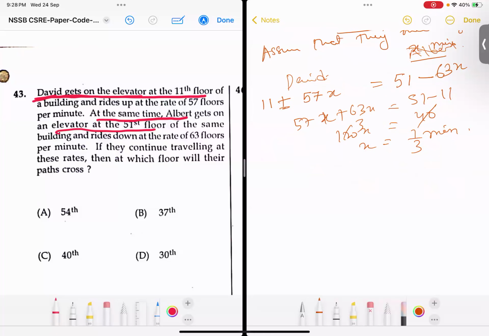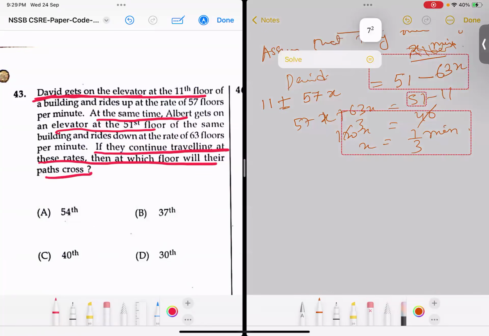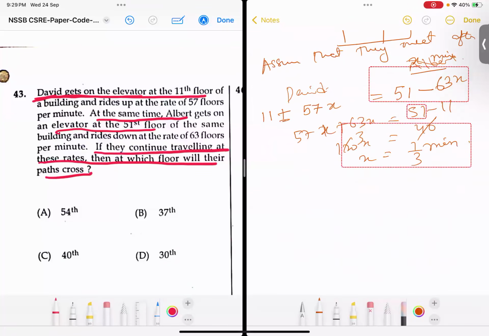They're crossing each other. Now we just have to find, if they continue traveling at this rate, at what floor will they cross the path, right? Now, they're going to meet at 1/3 of a minute, right?